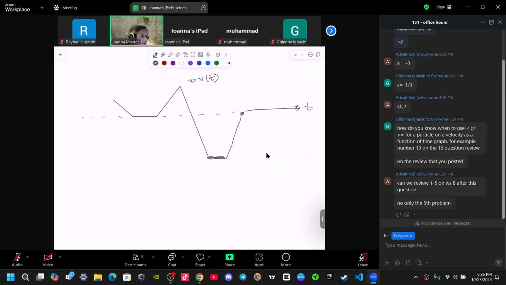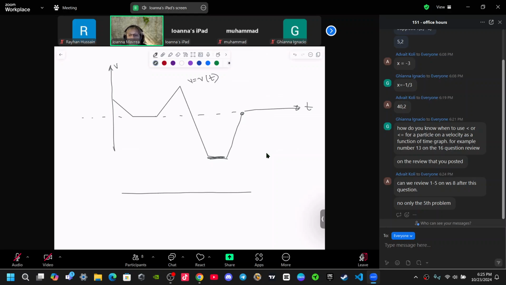All right. So you have this thing, and then you're asked to answer that question. For example, when is the particle moving to the right? Okay, you said perfect. Here's by the way the v-axis. It does tell you the positive direction is to the right.